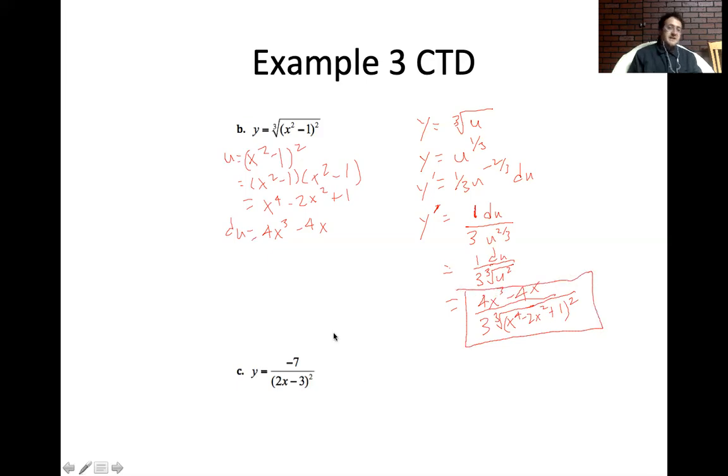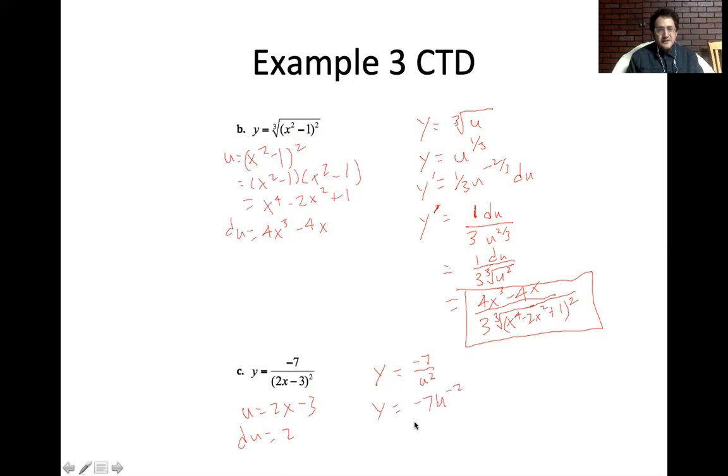All right, and then C. I think it's pretty easy to see what the inner function is, so we'll just take care of that. And then our du is just 2. But what I would do is write this as y equals negative 7 over u squared, in a power rule type of format.